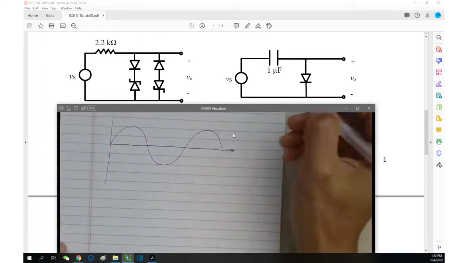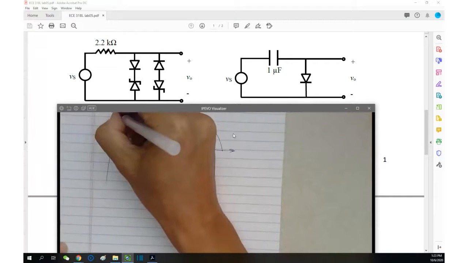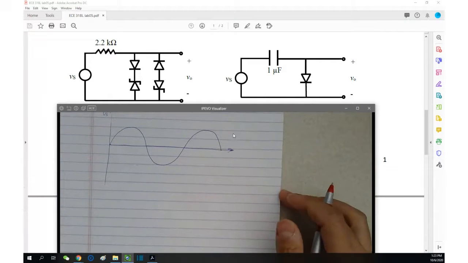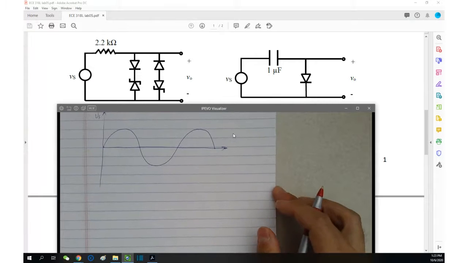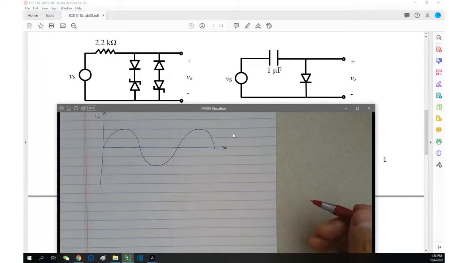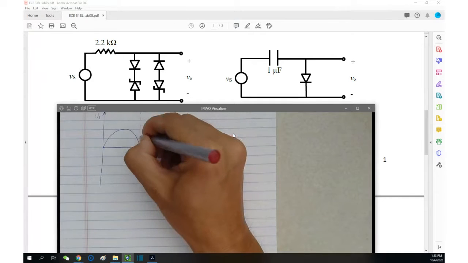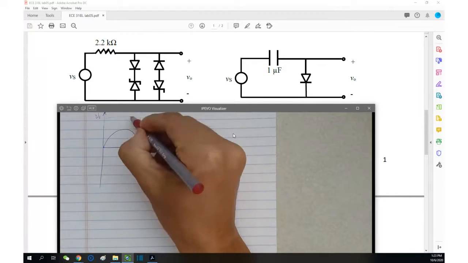This is VS. Then what does the output V naught look like? What does it look like? It's very easy to tell first of all. You can roughly imagine. First half cycle here.